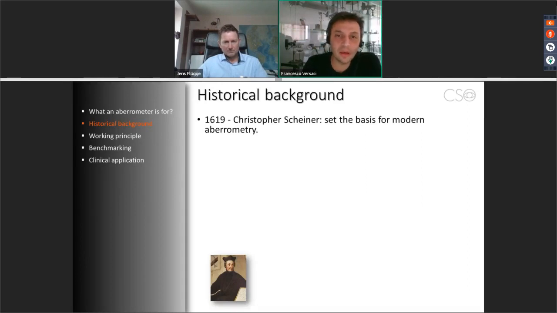If we want to give a historical background of these kinds of devices, we have to start from 1619 with Christopher Scheiner, who set the base for modern aberrometry. This German astronomer invented a kind of disc with two pinholes, and if the eye was aberrated, looking at a far light through those two pinholes, the light appeared as two distant lights.